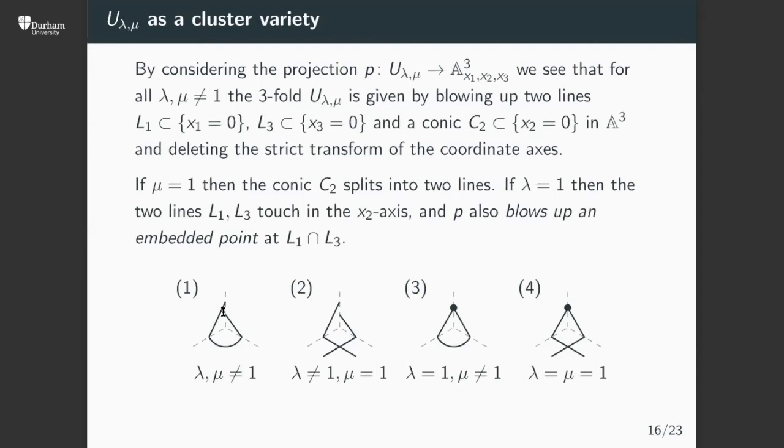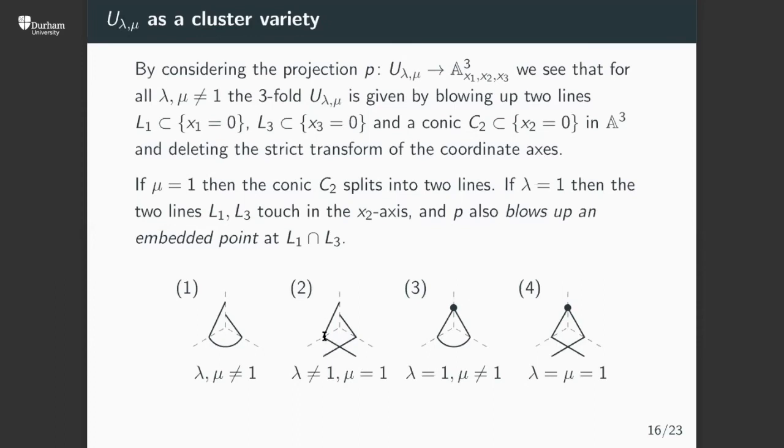In general, in order to realize one of these fibers U lambda mu, I have to blow up 2 lines and a conic, and they meet in the configuration that's given in the one on the left here.